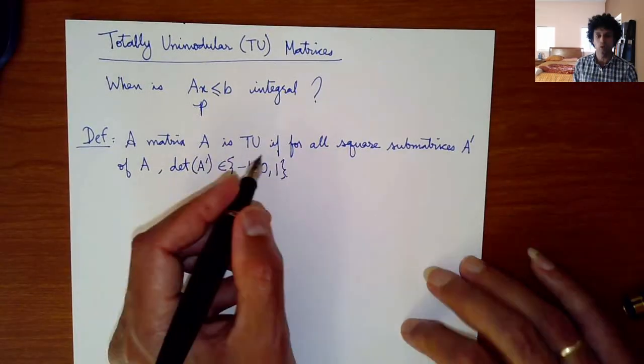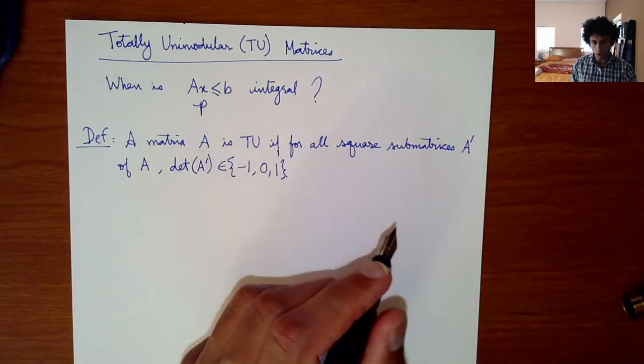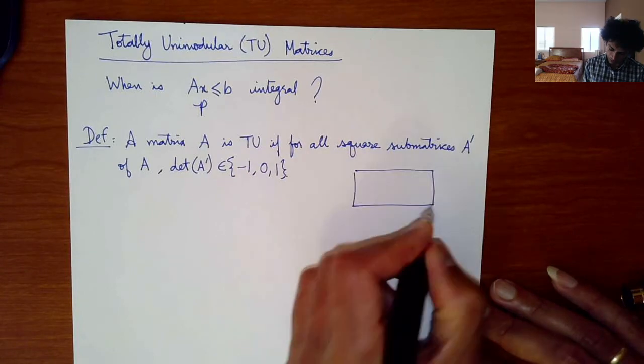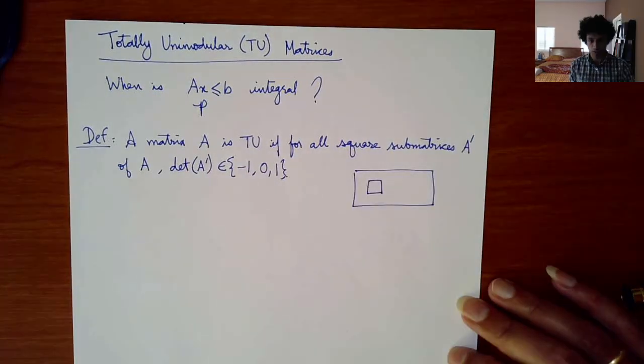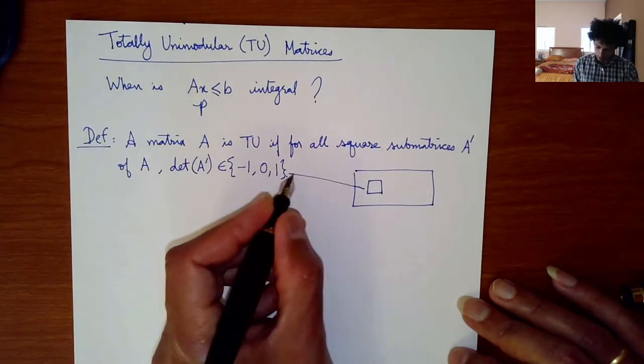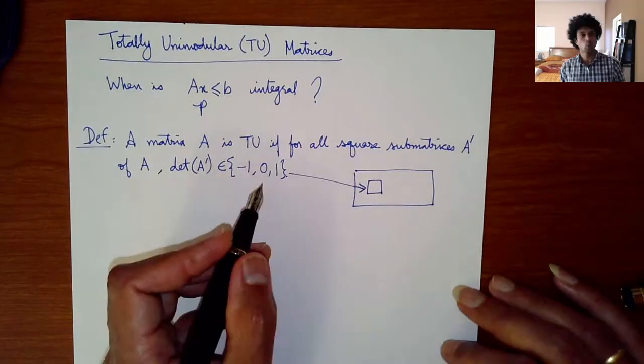So take any matrix, and take any square submatrix, and the determinant is either -1, 0, or 1.